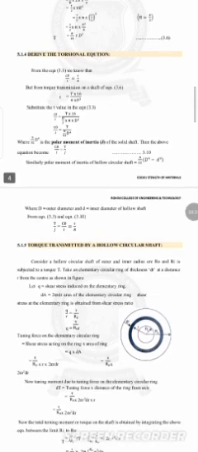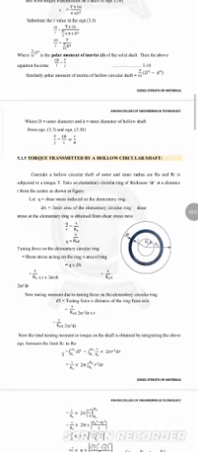Here, pi by 32 into d power 4 is the polar moment of inertia of a solid shaft. Then the above equation becomes C theta by L is equal to T by J. Similarly, the polar moment of inertia of a hollow circular shaft is equal to pi by 32 into capital D power 4 minus small d power 4. Capital D is the outer diameter, small d is the inner diameter. From the equation, we know that T by J is equal to C theta divided by L is equal to tau by R.